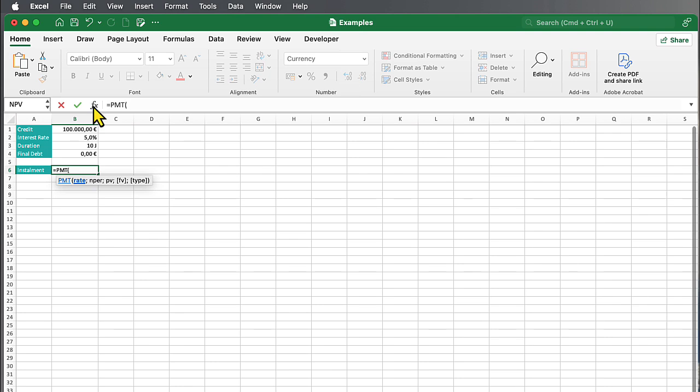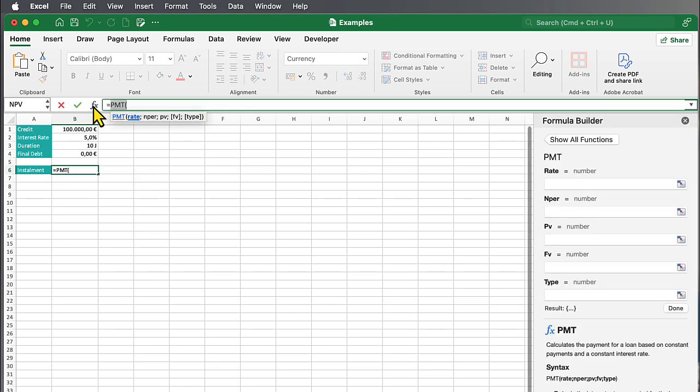So what I recommend is to use the formula builder. This helps you always to find out which parameters have to be used.